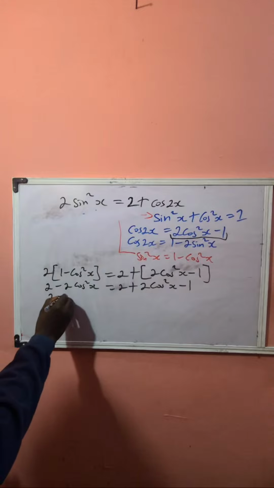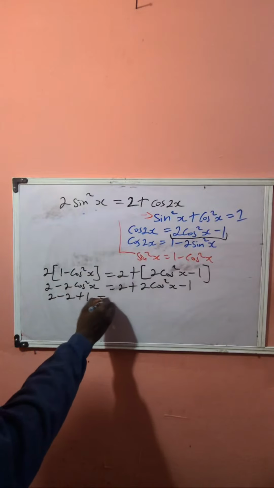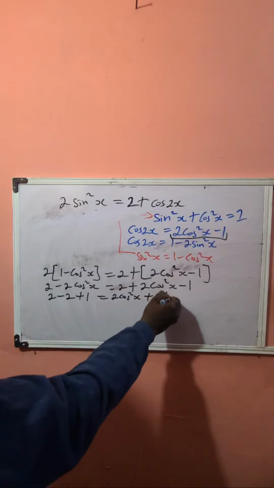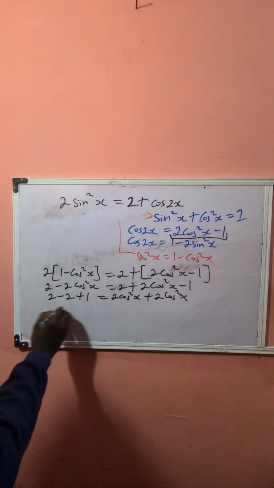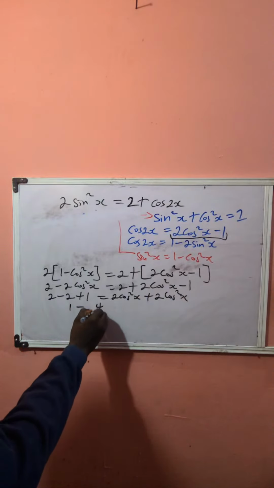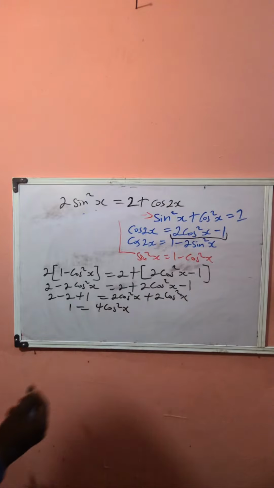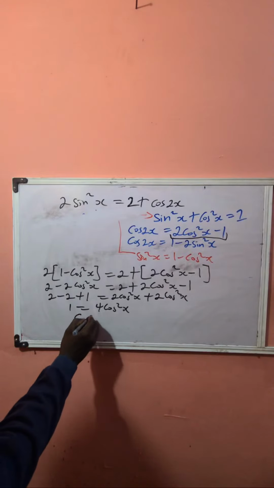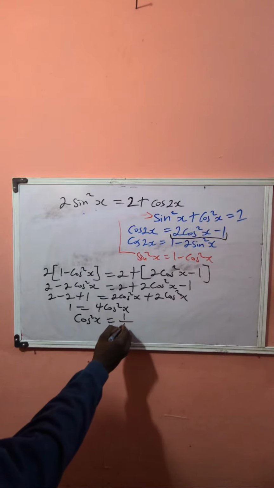This will be 2 minus 2 plus 1 equals to 2 cos square x plus 2 cos square x. This will be 1 equals to 4 cos square x. So I won't be wrong if I said cos square x will be equals to 1 divided by 4.